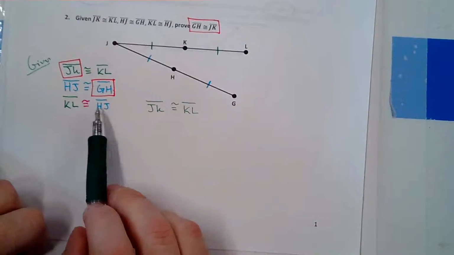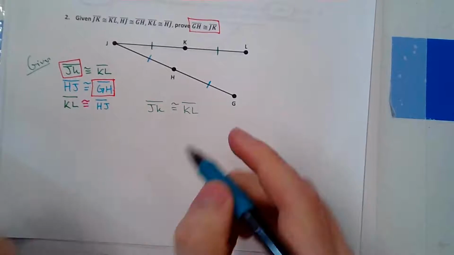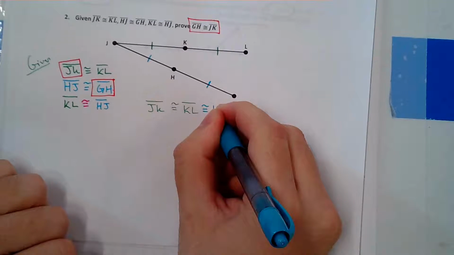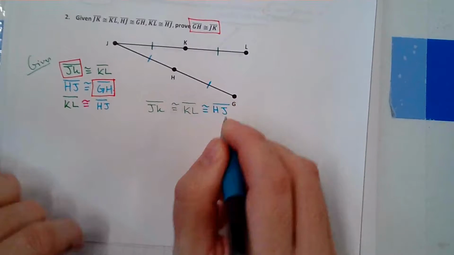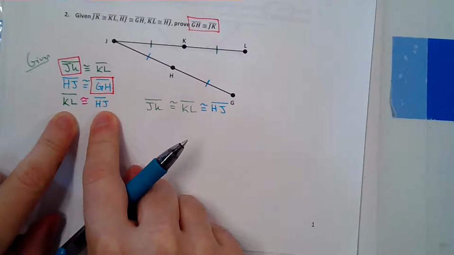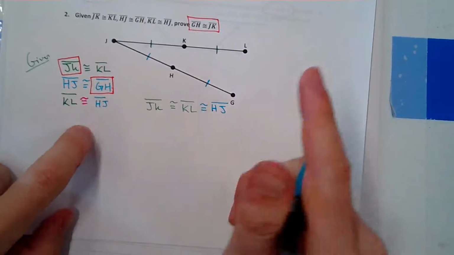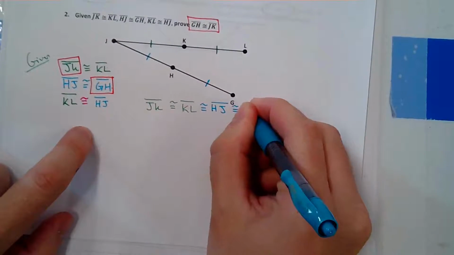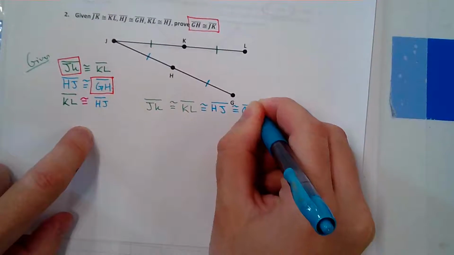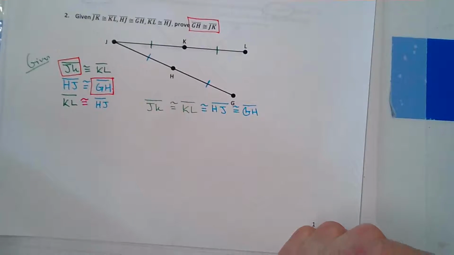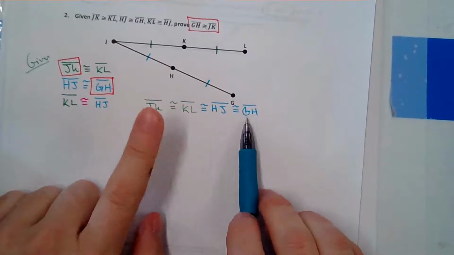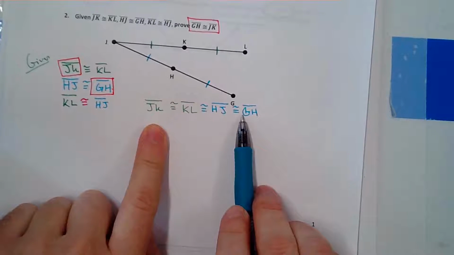He also knows that KL and HJ are congruent, so why can't we write it like this? You see where I got that? And he also knows HJ is congruent to GH. Whoops, that's a G. Ah, okay, so now you're seeing the transitive property. Right? Cut out the middleman, there we go.